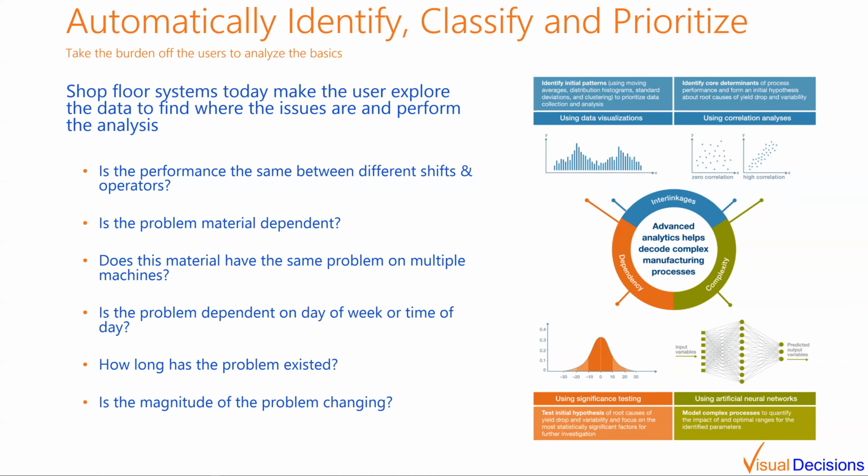And if we can do that, then we can automatically classify each instance of downtime or each instance of a quality issue to the different causes that we have. And then if we find something new that we're not able to automatically classify, then we can get the humans involved to go through and perform that root cause analysis for what was the cause for this particular instance of downtime.